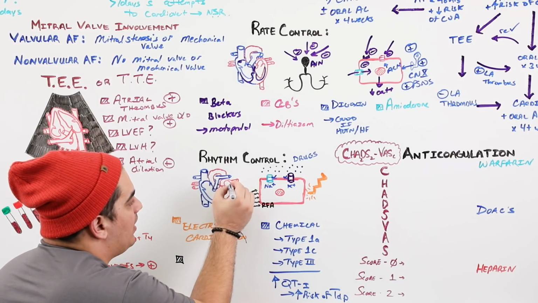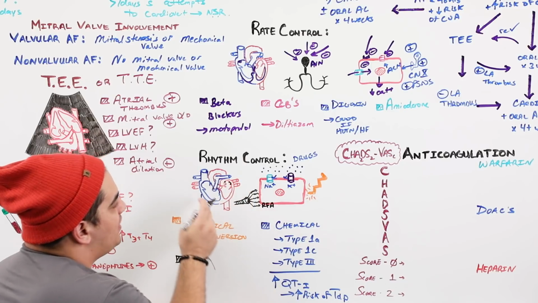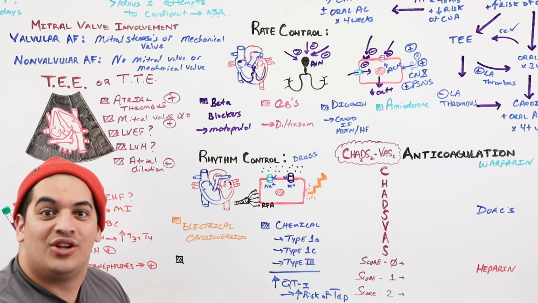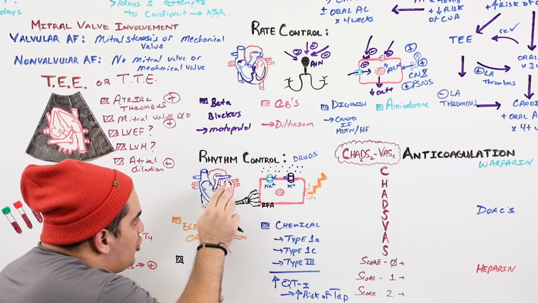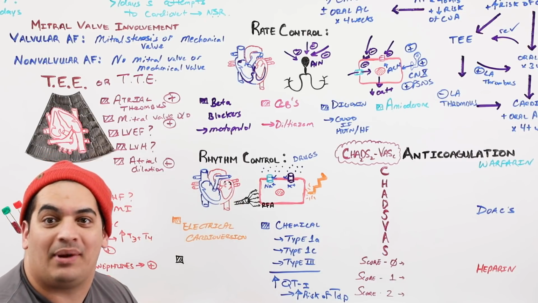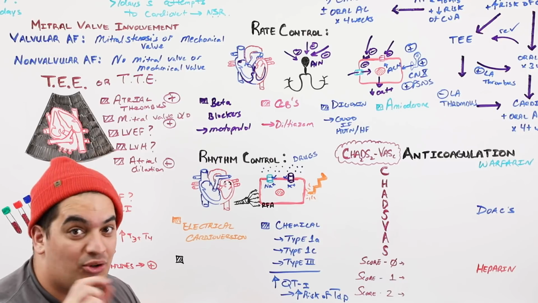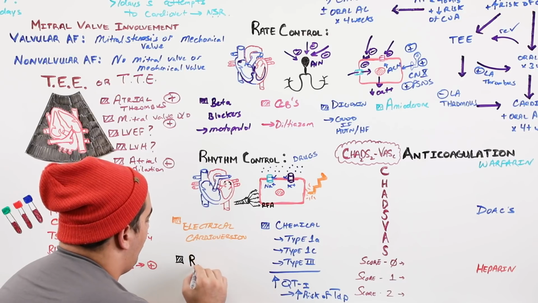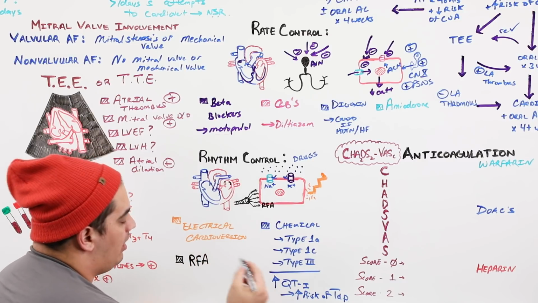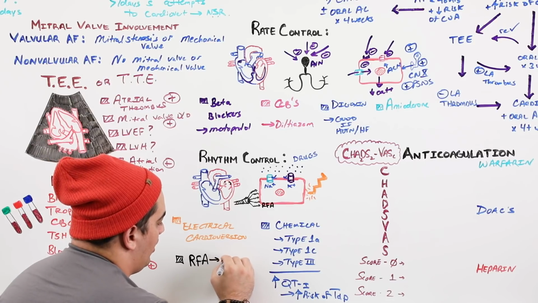You know where they most commonly love to sit? Around the entrances of the pulmonary veins in the atria. So at the entrances of the pulmonary veins, you'll take this catheter and shoot radio waves and burn those ectopic areas so that they're not existing anymore, so they can't generate those abnormal rhythms. So that's something called radiofrequency ablation.